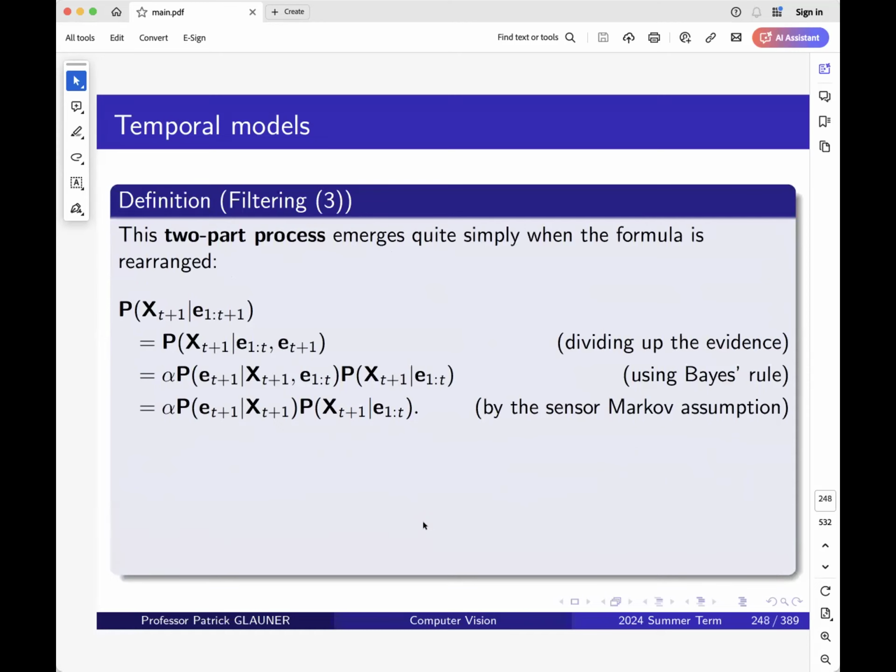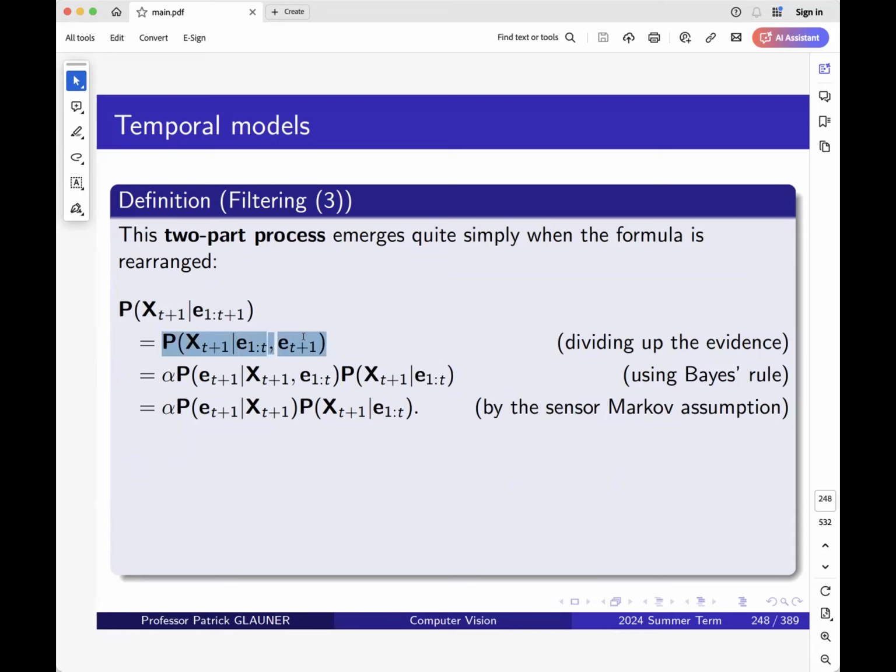And we're going to see now what this looks like in this very general filtering equation, because what we want to compute is the probability of x t plus 1, so our new state distribution, given all the evidence, including the new evidence, because it's e from 1 to t plus 1. We can try to break this up and say, well, it's all the past evidence from 1 to t and the new evidence. So we're dividing up the evidence.